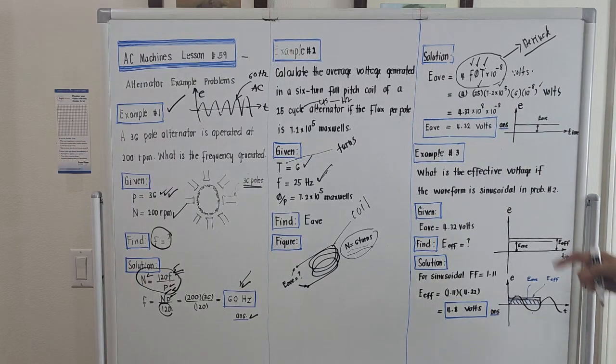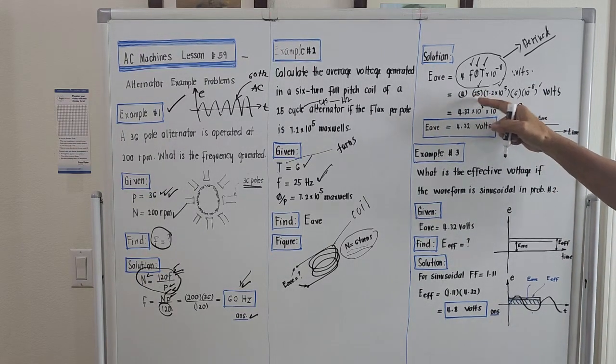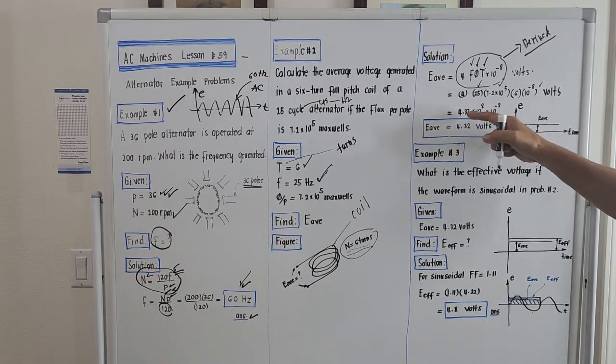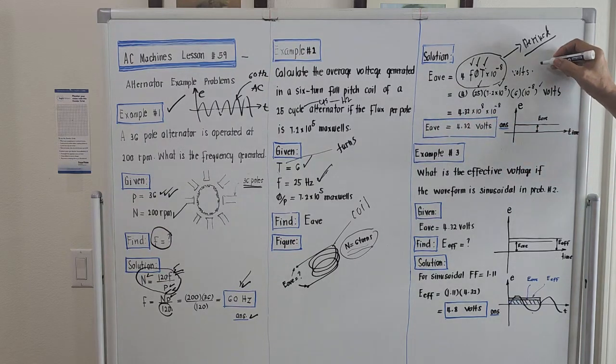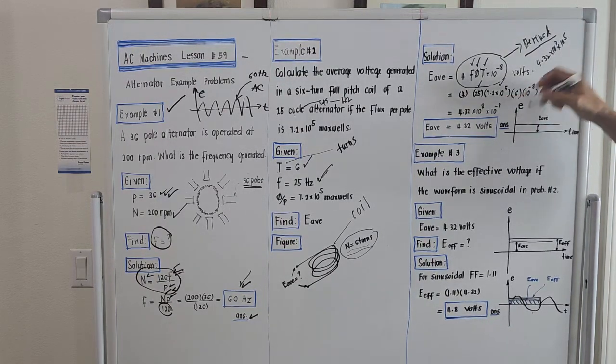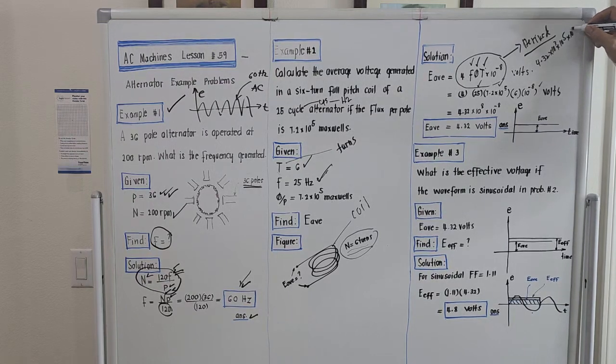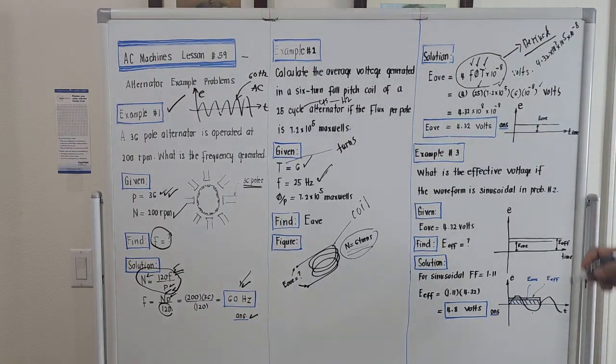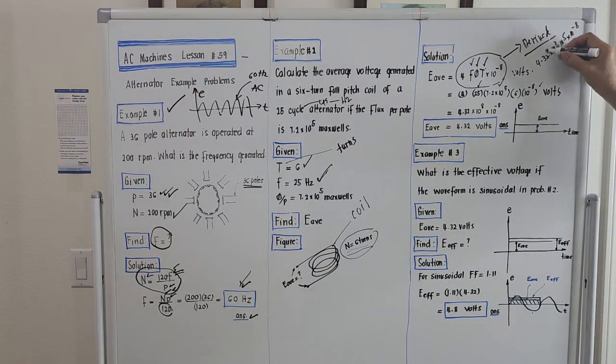Okay. We multiply 25 times 6 times 7.2, that will be 4,320. So it will become 4.32 times 10 cube times 10 to the 5 times 10 to the minus 8. Okay. This one here, we will simplify.